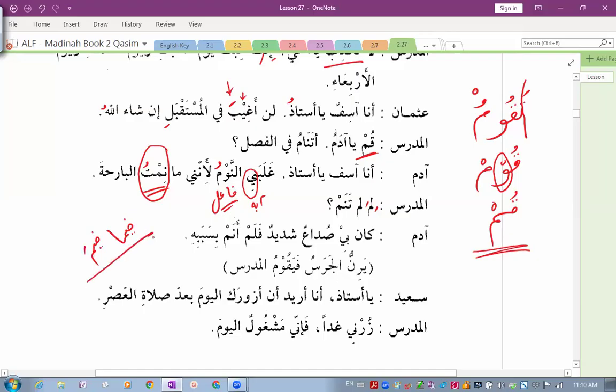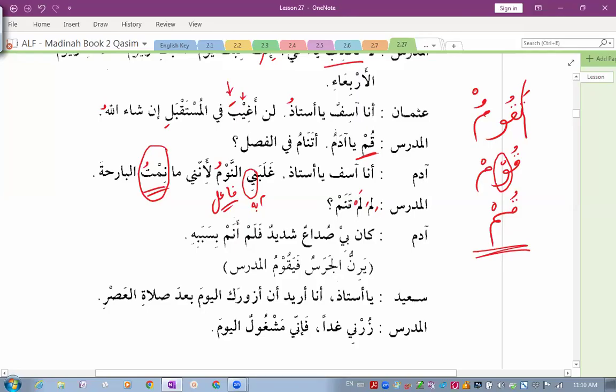Like in amma yatasaalun, the alif gets dropped when it is ma istifhamia. So the first one is lima, the second one is lam tanam. Why did you not sleep?